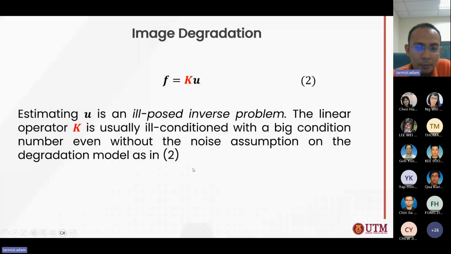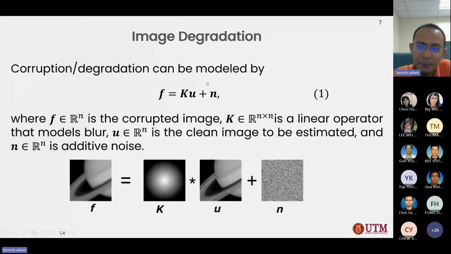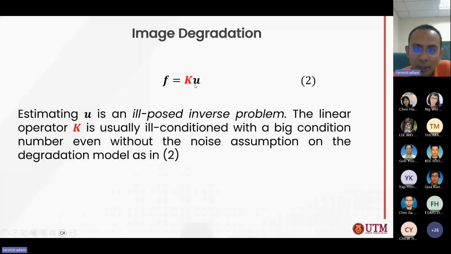Estimating the image u is a very difficult problem. Even if you don't have the noise, it's still very difficult. As we know from our linear algebra course, you can just take the inverse, right?